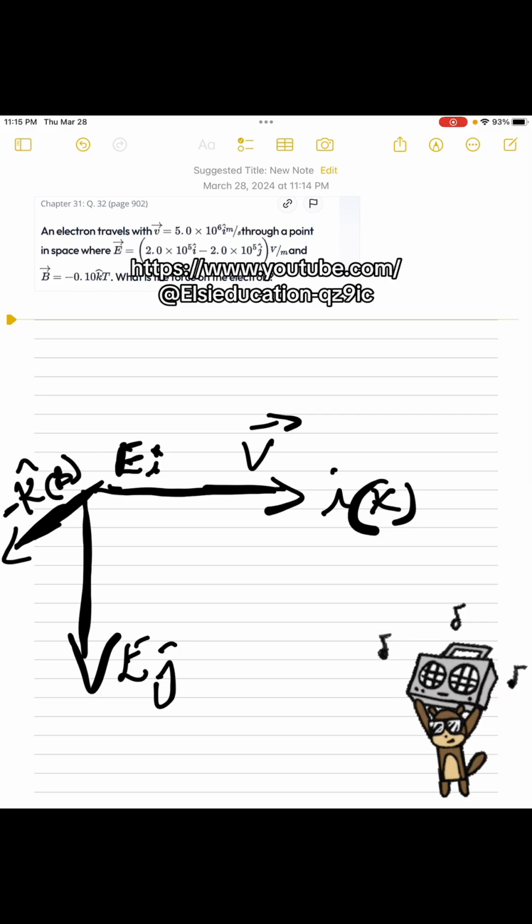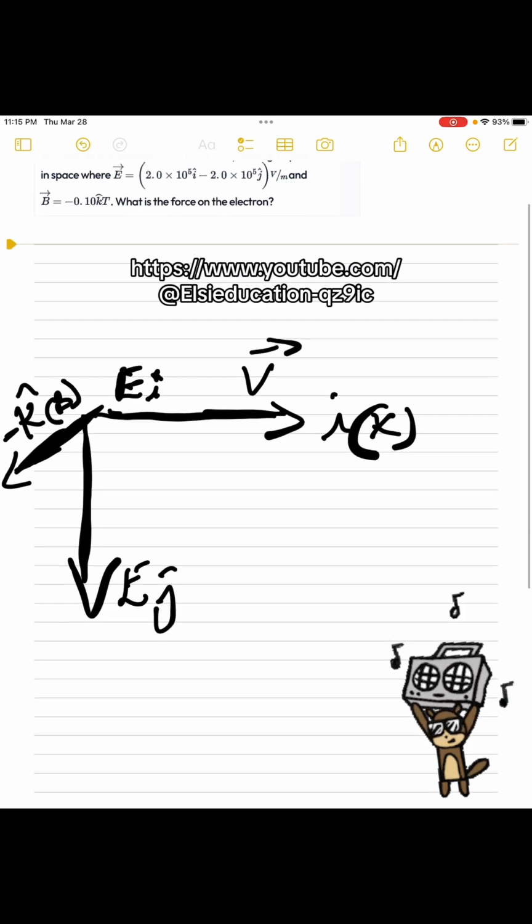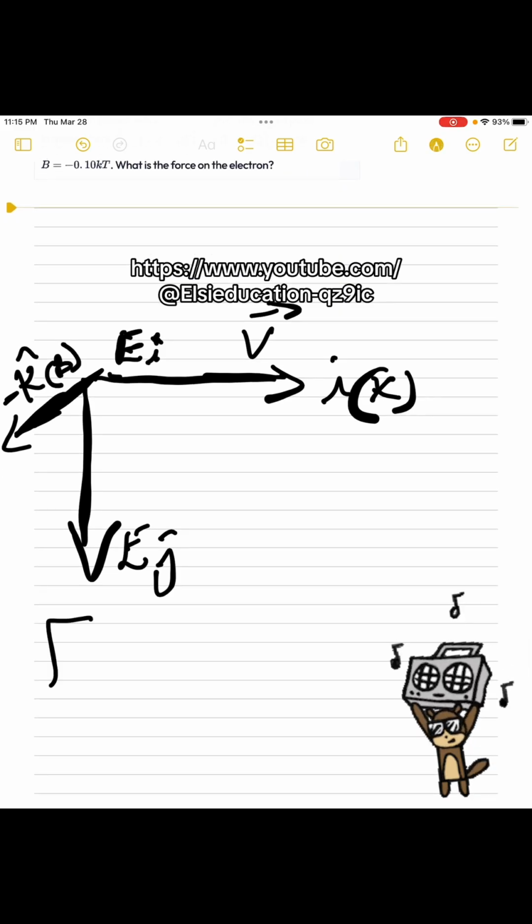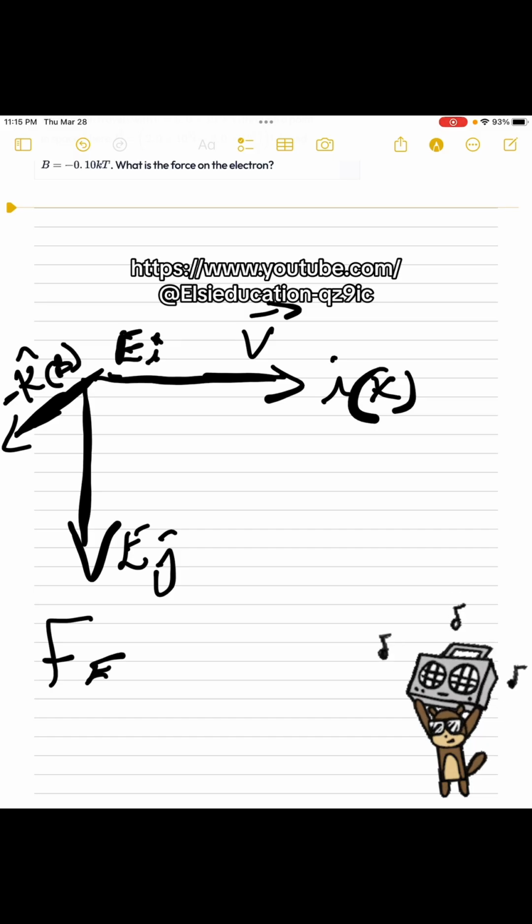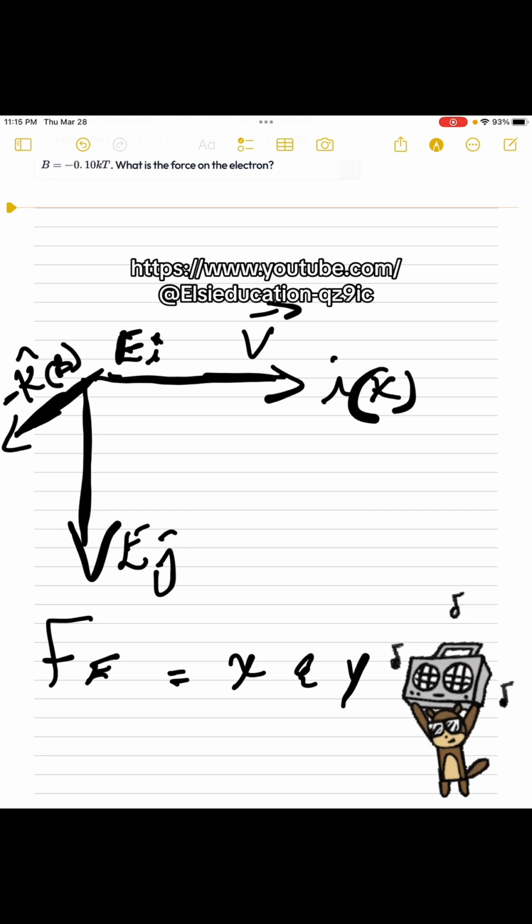So the force of the electric field will be in both of the direction of X and Y.